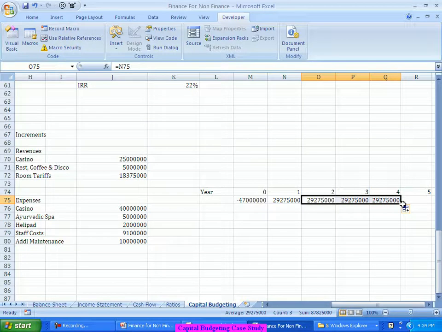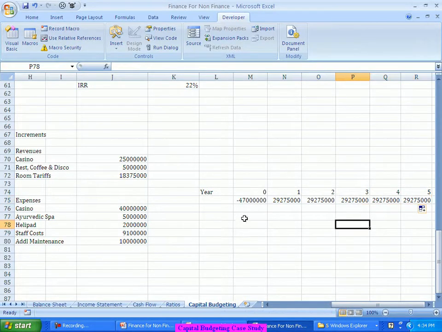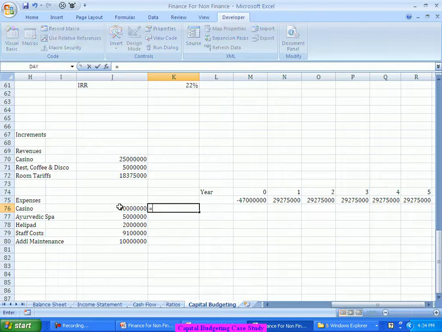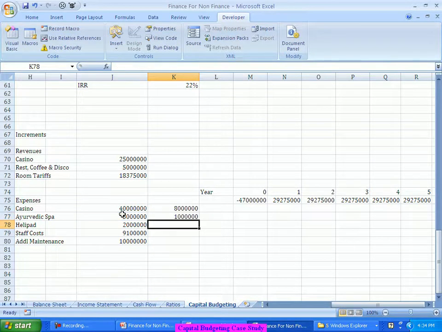But now what we have to do is find out depreciation for the one-time cost and then tax. What is our depreciation for this? Assuming all 5 years only. The depreciation for this is another 80 lakhs. The depreciation for this is around 10 lakhs. And the depreciation for this is around 4 lakhs.